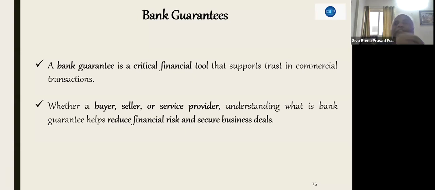Bank guarantee limits are also there; some companies have limits up to 50 crores, and they will use that entire 50 crores of bank guarantee. So it is a part of corporate finance. That's why you have to study this and understand it, because in CIRP this type of situation will come.